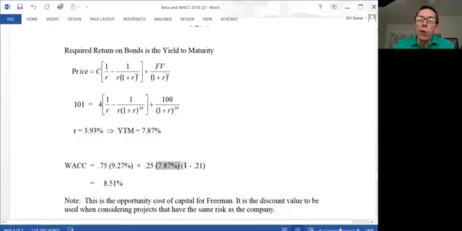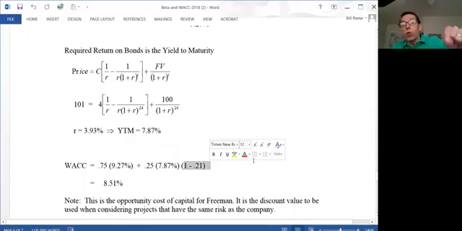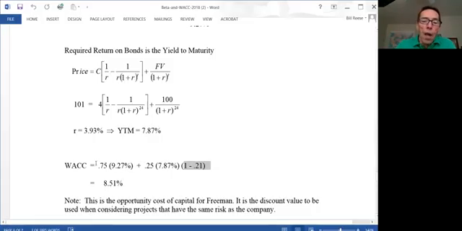7.87%. And here is 1 minus the tax rate, reflecting the fact that when we make these payments to the bondholders, it's tax deductible. So for us, it doesn't cost us 7.87%. It costs us 79% of 7.87%. So you do the math on there and you find the weighted average cost of capital is 8.51%.